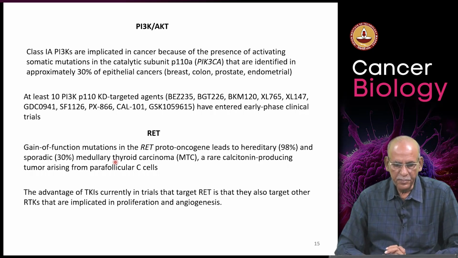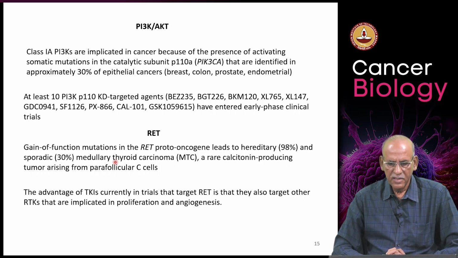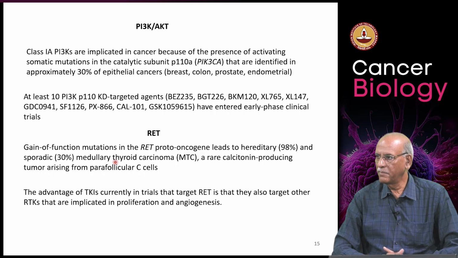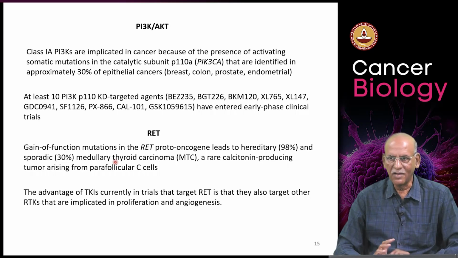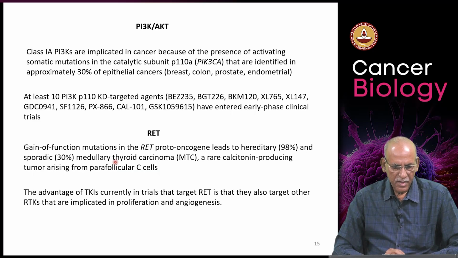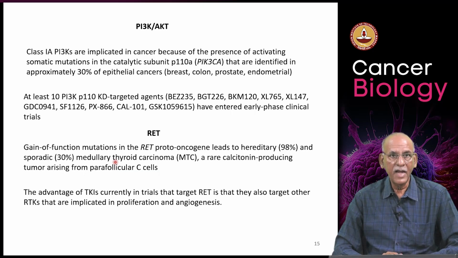Then another molecule is this PI3 kinase. Now we are away from this oncogene addiction. Now we are talking about other molecular targets, PI3 kinase, AKT. PI3 kinase is implicated in cancer because of the presence of activating somatic mutations in the catalytic subunit.